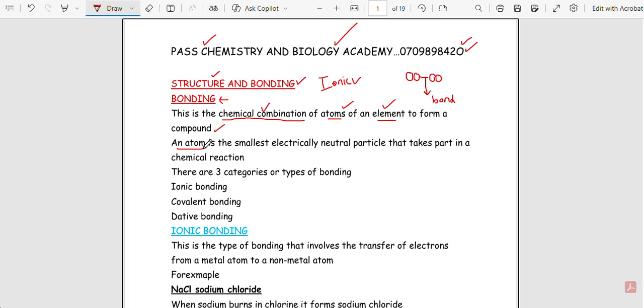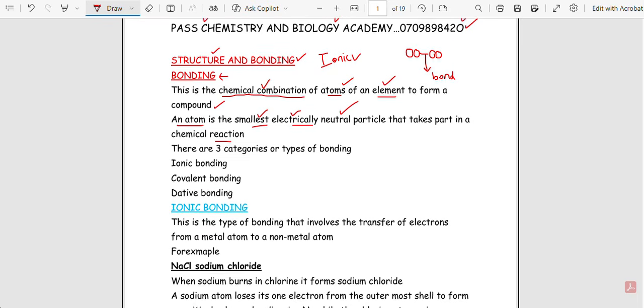So the first question comes: what is an atom? An atom is the smallest electrically neutral particle that takes part in a chemical reaction.